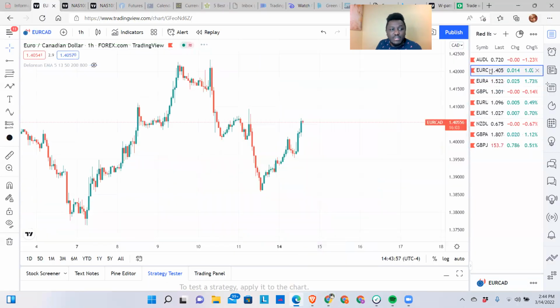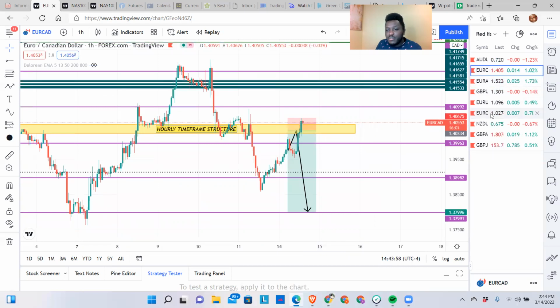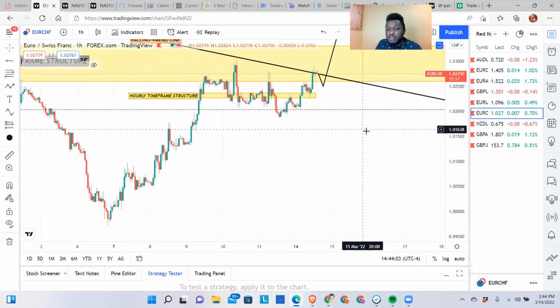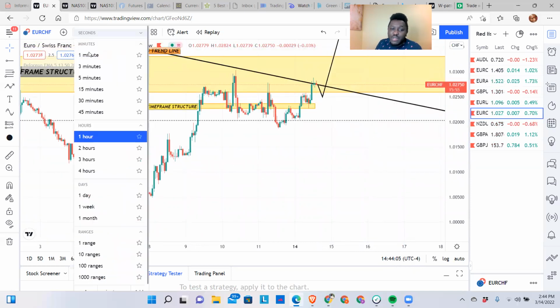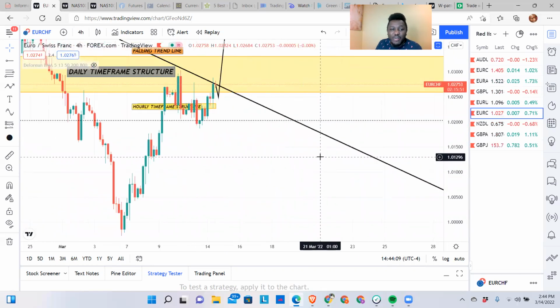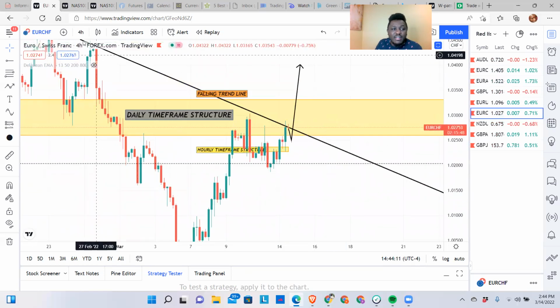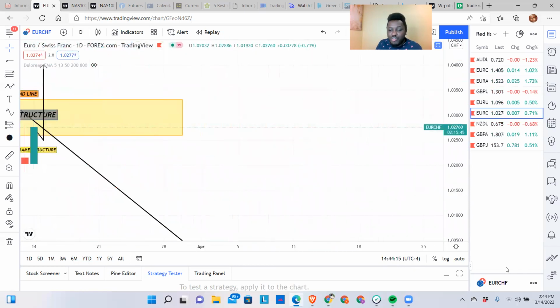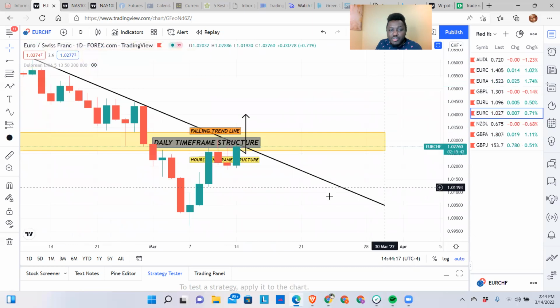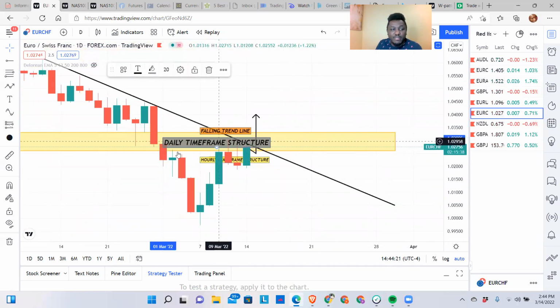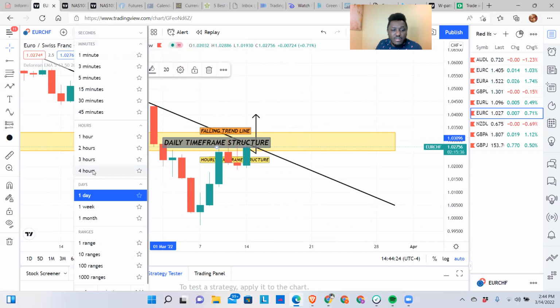Euro CHF. Right here. I have to show you from the 4 hours, because that's kind of where all this started. Now it's put me in a huge drawdown. I'm still holding on to it because I'm waiting to see if it's gonna break. Is the 4 hours better? Okay.